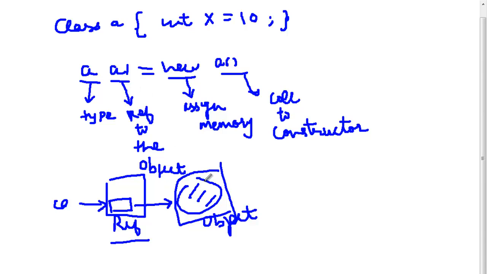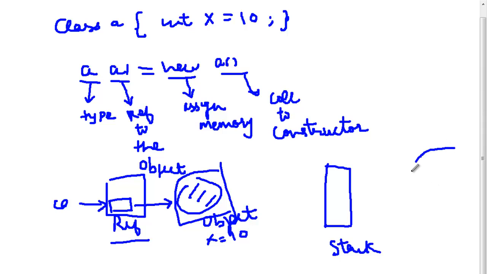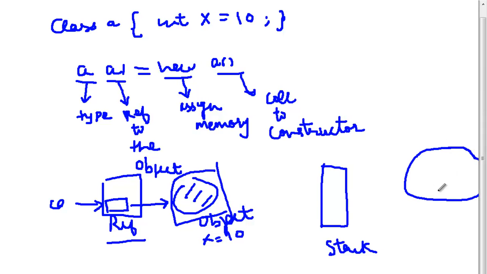In case we need to make any changes to this data, suppose we take this example, as we write this line, we create a memory location and we have a value 10 stored at that location. The references are stored on the stack, and all the object data is stored on the heap.